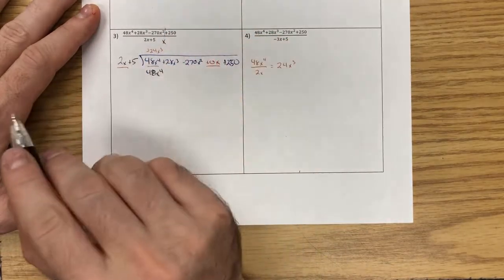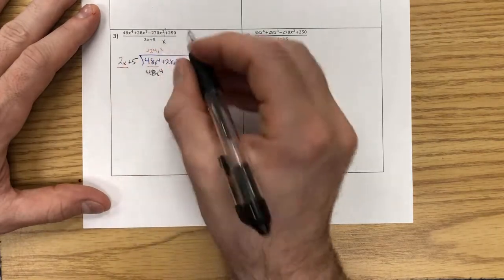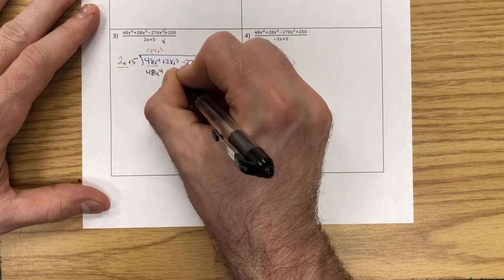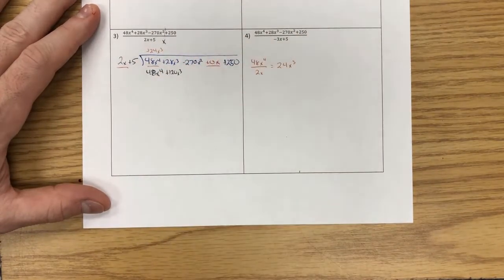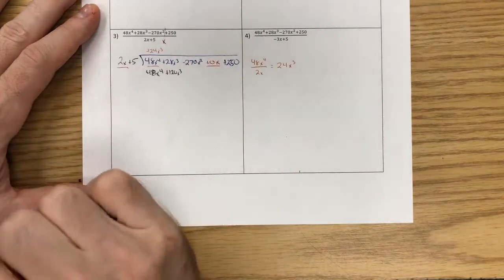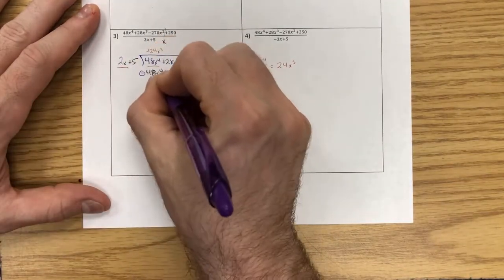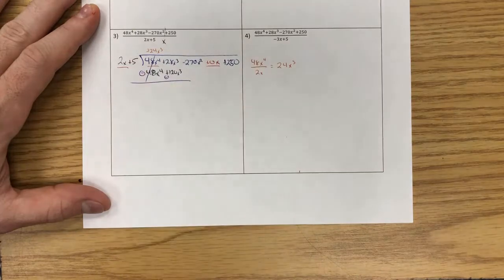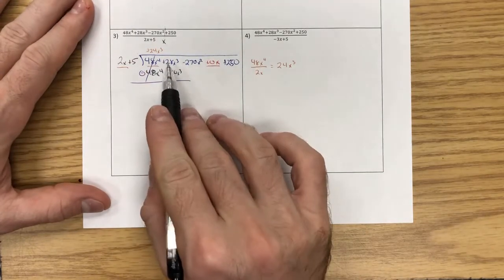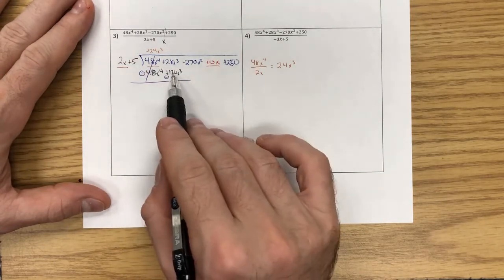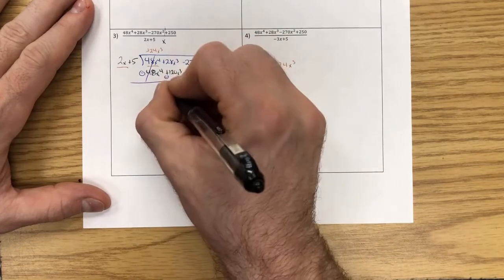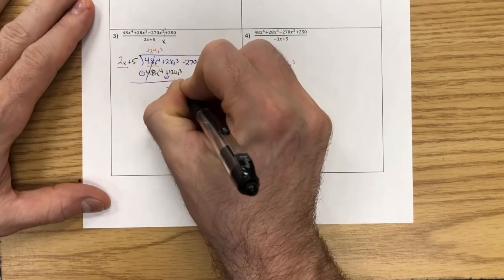So 5 by 24, that's going to give us 120. We're going to change our signs and reduce. So 28 minus 120, that's going to be negative 100. That's going to be negative 92.